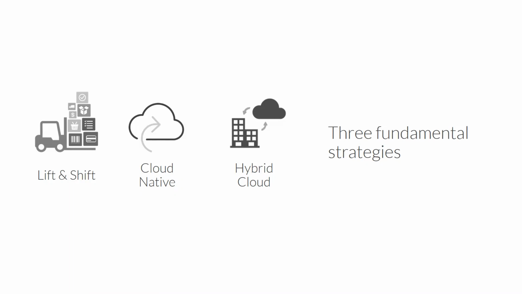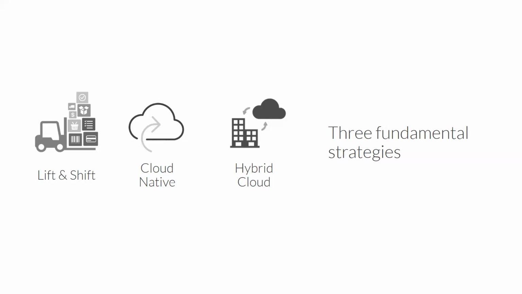Lift and shift is kind of the most obvious one, essentially running the same workload in the same infrastructure that you may run in a colo or in your own data center, but running that on one of the public cloud providers. Whereas cloud native is more of an approach of starting natively from the ground up on the cloud and not leveraging the existing investments. And then hybrid cloud is a combination of those two things, and is most suitable for companies that already have an investment on-premise today.